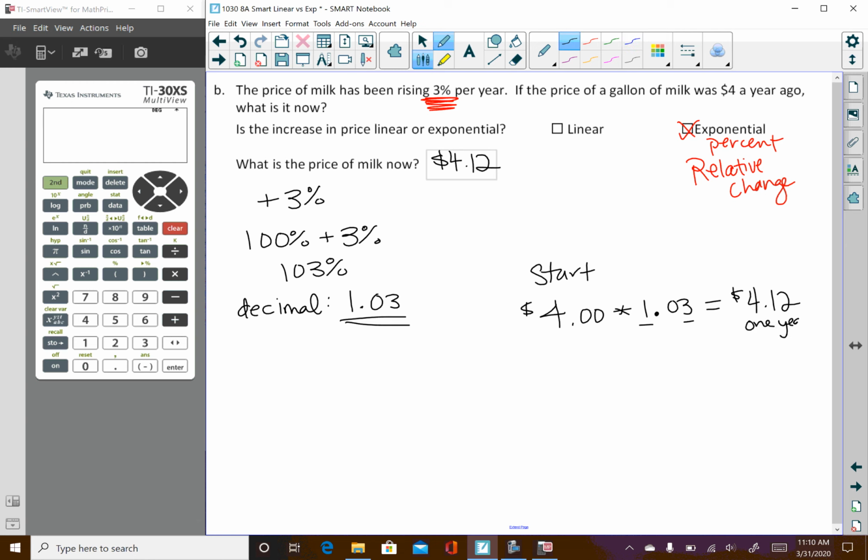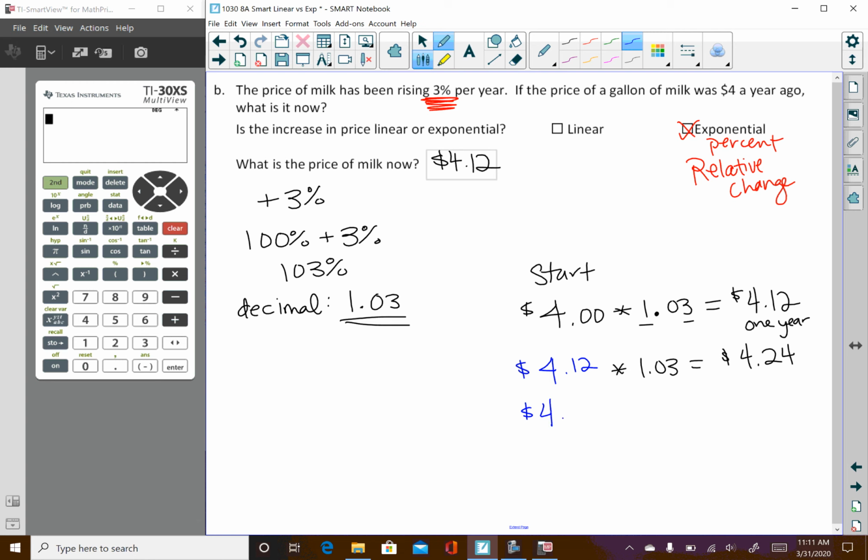But on your homework, I think most of them ask you for like 2 years or 3 years. So I just want to show you how to get additional years. So you would take that starting amount now, $4.12, and then also still just multiply it by 1.03 to get the next year, which is $4.24. And it's kind of looking like I'm just adding 12 cents, but I am not. This is a relative change.